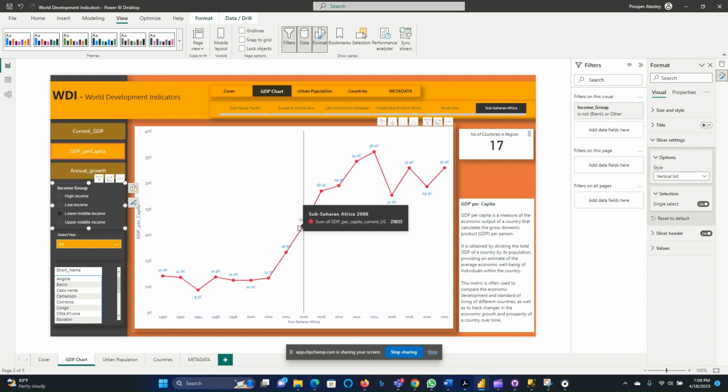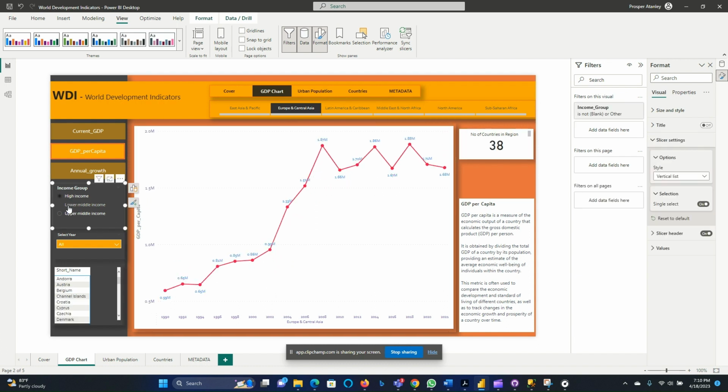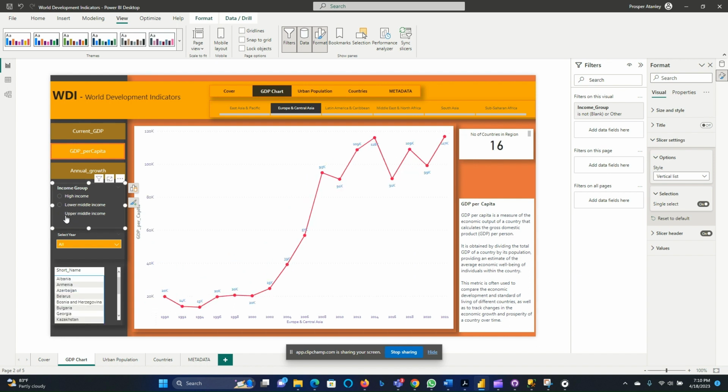We're going to move to another region. Let's go to Europe and Central Asia. What we notice here is that the income group reduces from four to three. We have high income, 38 countries under that portion, low income, four countries, and upper middle income, 16 countries.